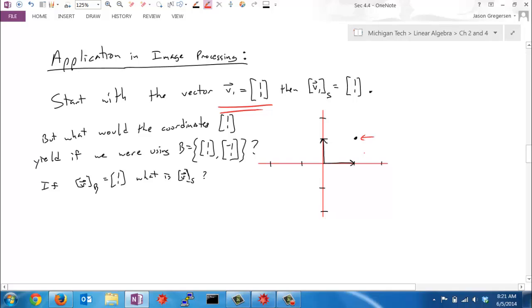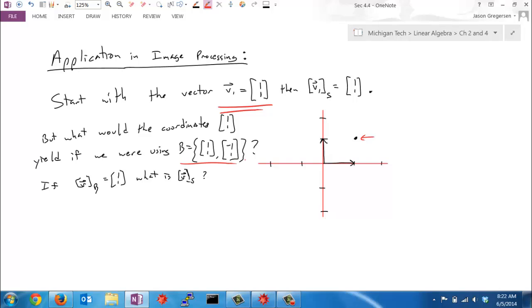But what would the coordinates 1, 1 yield or look like if we were using a different basis? If we were using the basis 1, 1 and negative 1, 1. In other words, if 1, 1 were the coordinates of some vector in this basis, what would this vector look like in the standard basis?